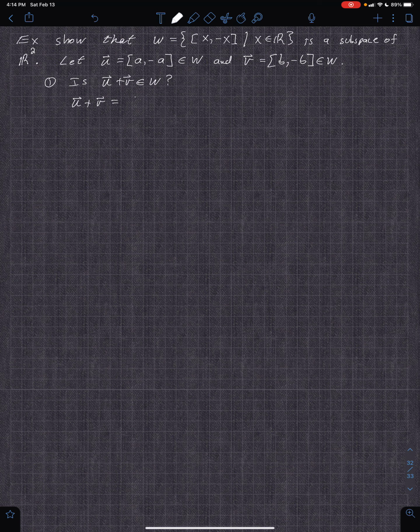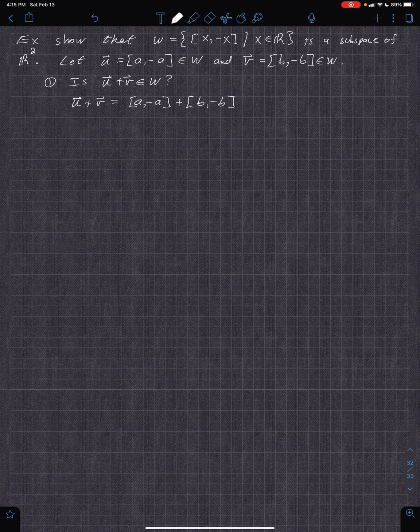So let's do that. u plus v is equal to, now you're just doing the basic operation of vector addition. So that's just a, negative a, plus v, which is b, negative b. And so you basically need to add them up and see if you get the same exact form. You have this and then a negative of the same thing, and that thing is in the reals.